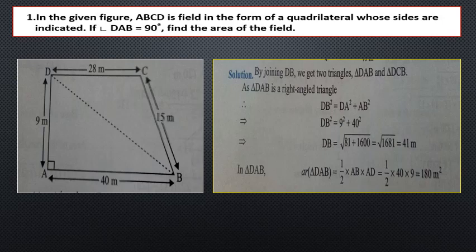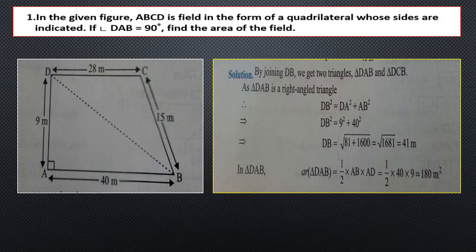In this, AB is 40 meters, AD is 9 meters, and angle BAD or DAB is 90 degrees. That is, angle A is 90 degrees. DC is 28 meters, BC is 15 meters.